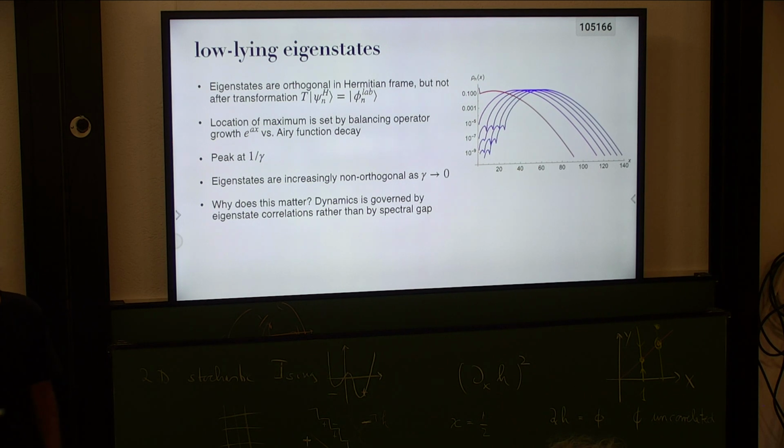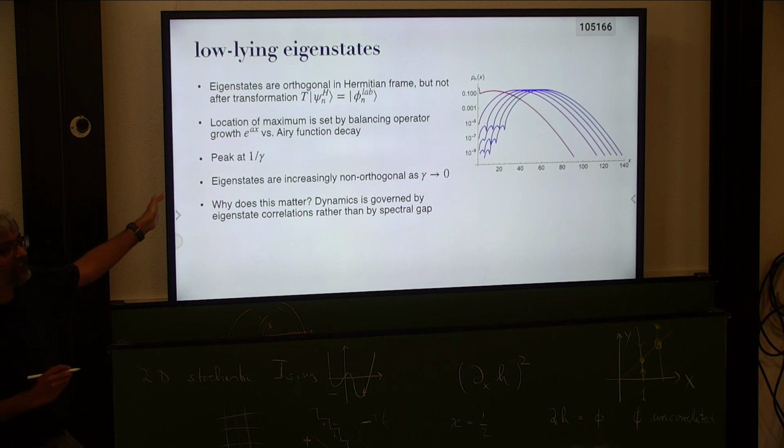The thing you realize is the Hermitian problem, of course, has orthogonal eigenvectors. But when you rotate them back, because the similarity transformation is so non-unitary, they become increasingly non-orthogonal, and in fact all of them are massively peaked at size 1 over gamma. That's what the transformation did.